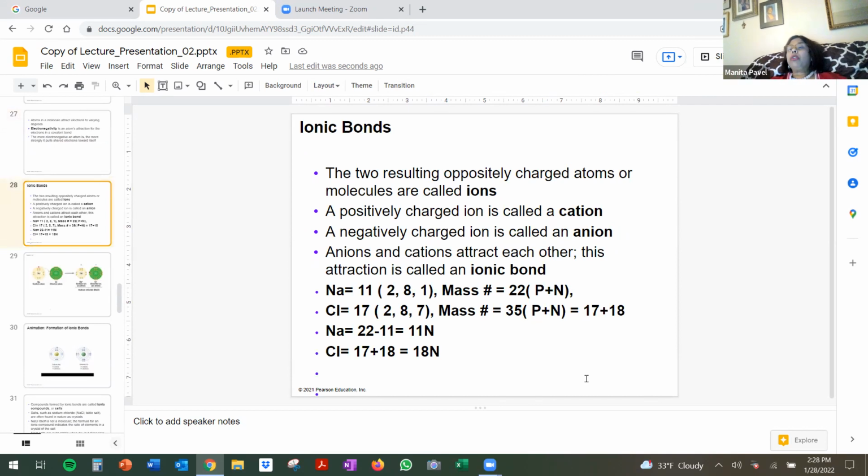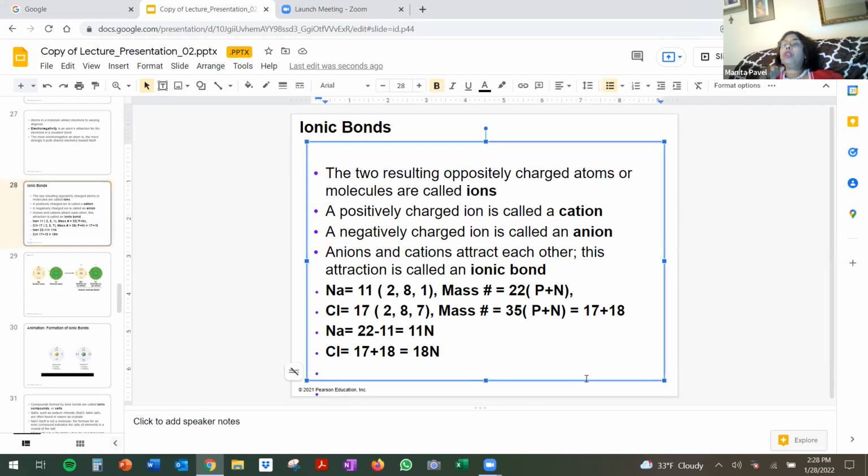In a multiple choice format or in any question, it could be phrased: if the atomic number of chlorine is 17 and its mass number is 35, what is its neutron number? So neutron number is equal to mass number 35 minus atomic number 17, which is equal to 18 neutrons. And that's what chlorine would have.